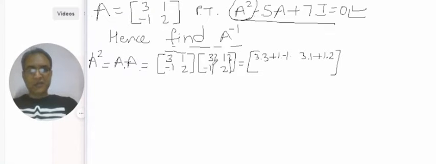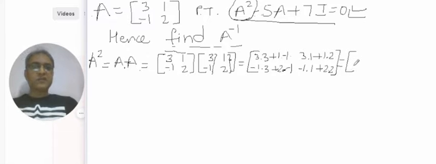So second row into first column, that means minus 1 into 3 plus 2 into minus 1. Now second row into second column, minus 1 into 1 plus 2 into 2. So I have multiplied first row to first column, first row to second column. After that I have multiplied the second row to first and second column.